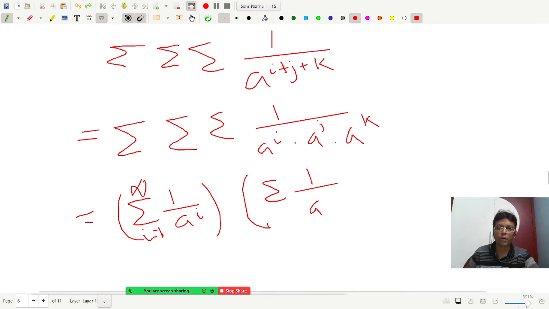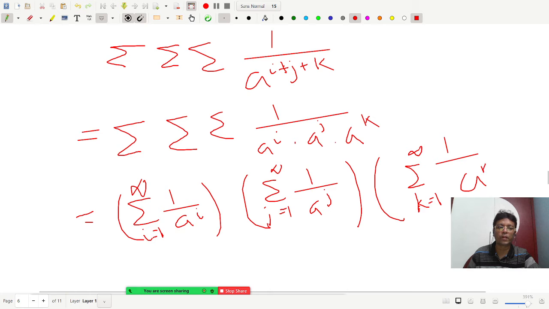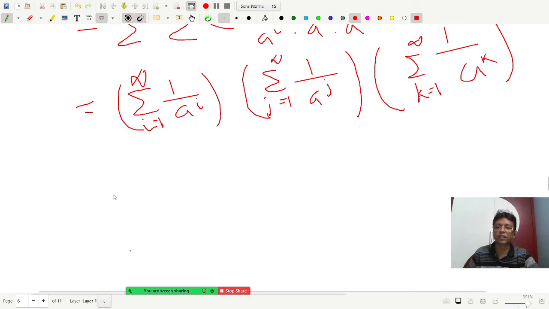Summation of 1 over a to the power j is from 1 to infinity, and you have summation k equal to 1 to infinity of 1 over a to the power k. This is an infinite GP series.